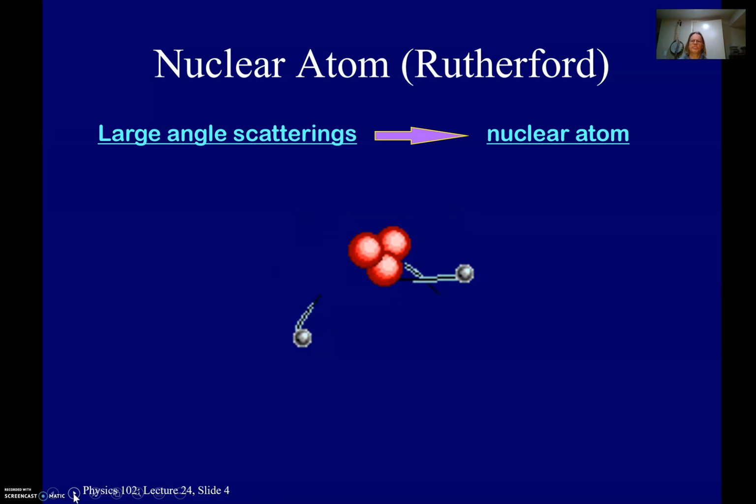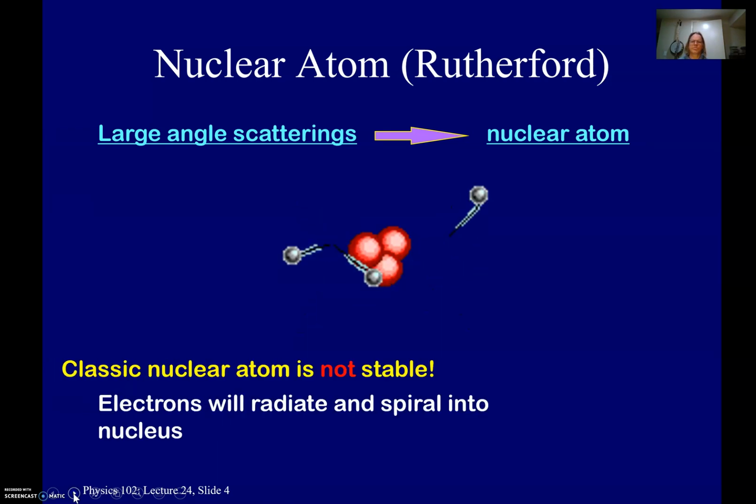So here we go. The classic nuclear atom has unstable electrons. The classic picture where the electrons are in orbit can't be, because an accelerated electron makes electromagnetic radiation, and that means it's losing energy. If the electron is losing energy, it's going to spiral into the nucleus, and then you have no more atom. So that can't be happening.